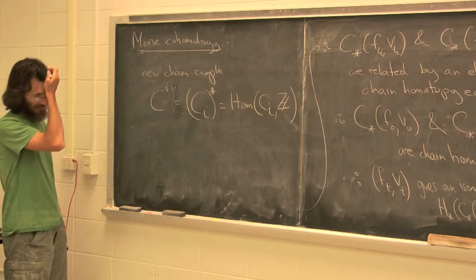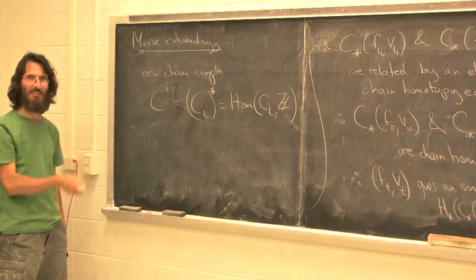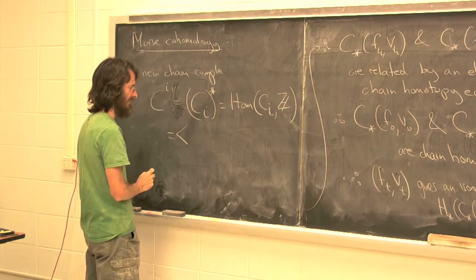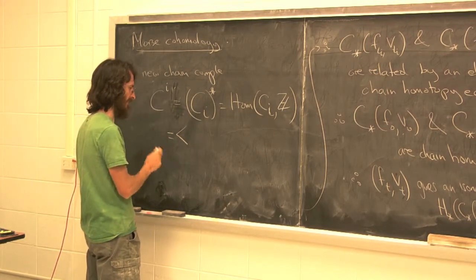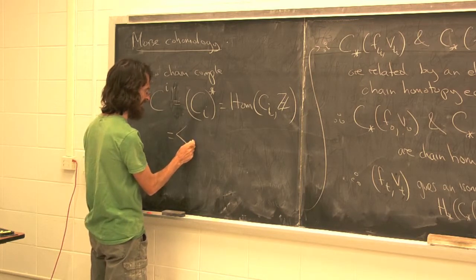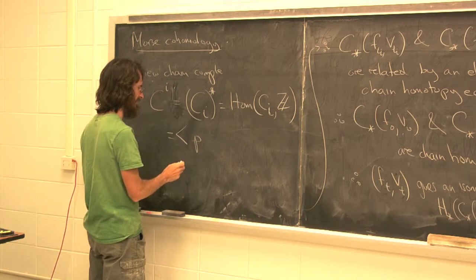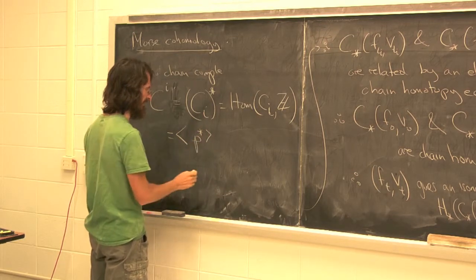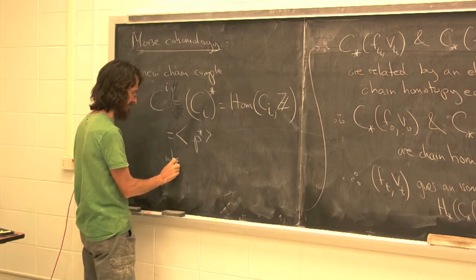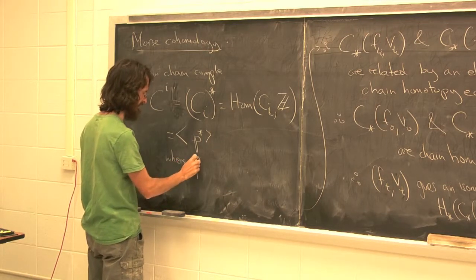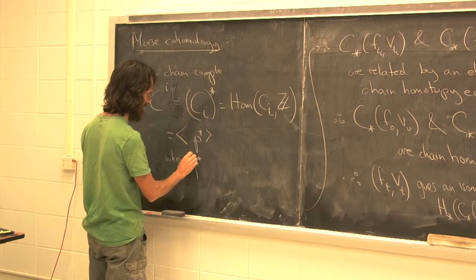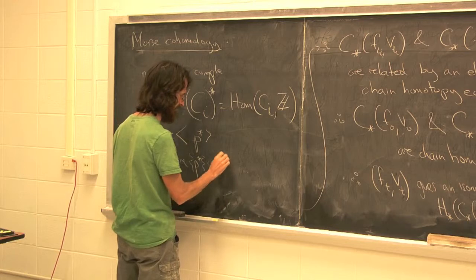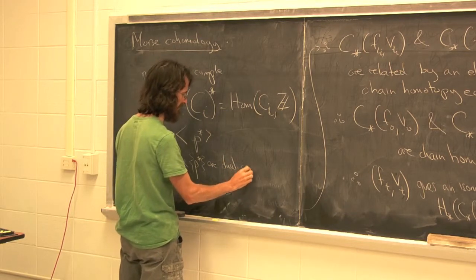And so that has a natural basis, the group generated by P star, where the P stars are the dual critical points, you've got all the dual critical points.